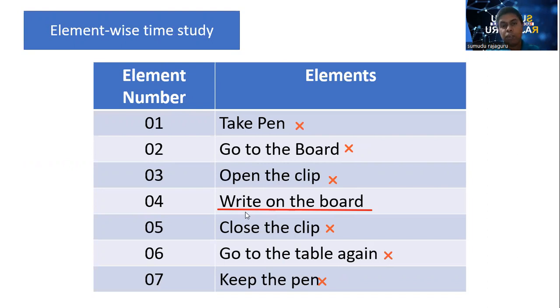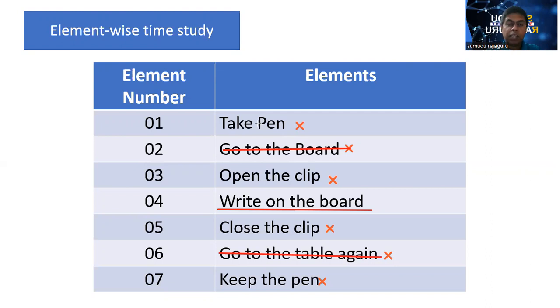Let's think about go to the board. When we focus on this task, if we can remove the table, and that person can be nearest to the board, then we can eliminate go to the board and go to the table again. Those two elements we can eliminate.